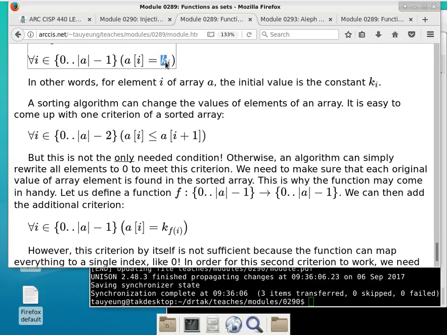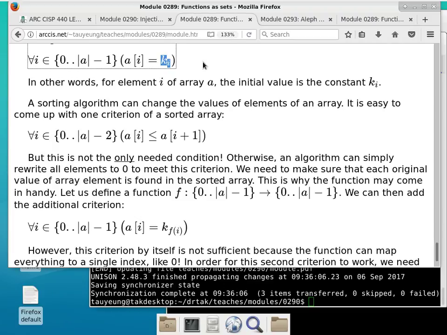K subscript I, on the other hand, is a constant. Okay, we have the same number of constants as there are elements in the array, and these constants do not have to be unique. Okay, I just need a way to remember what A bracket I used to be. Okay, so Ki is the value of A bracket I when I was given the array to sort.